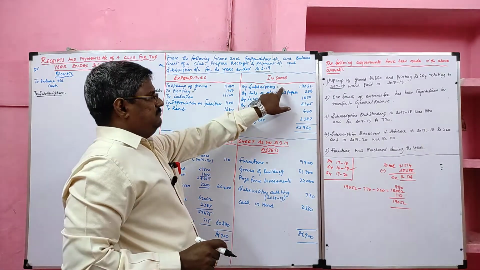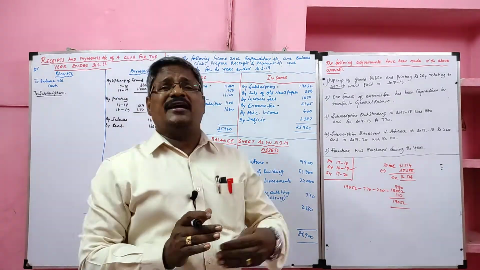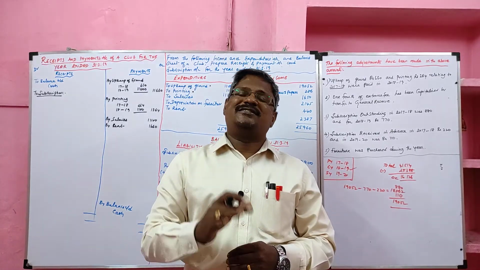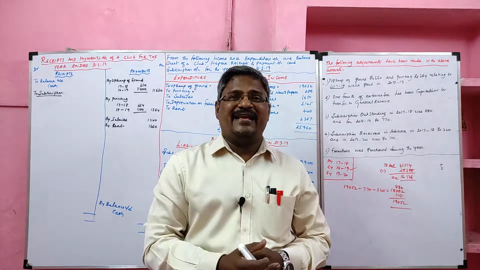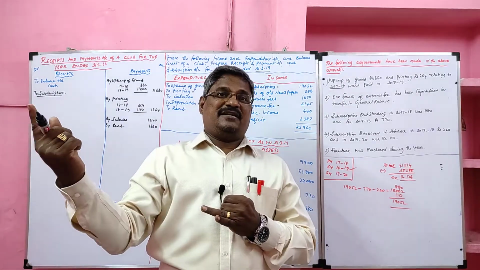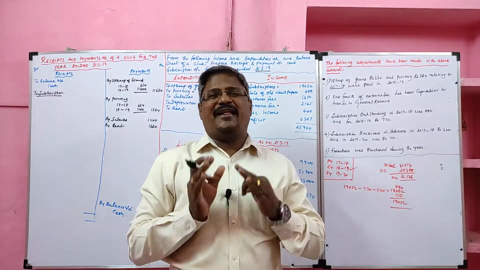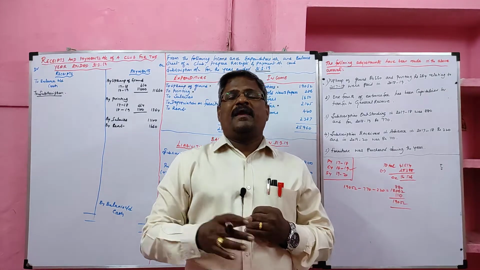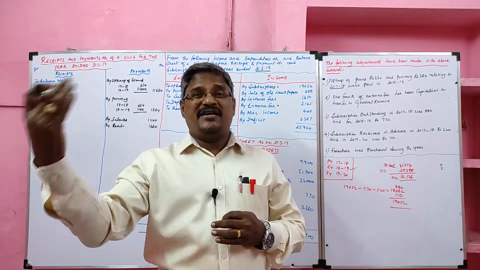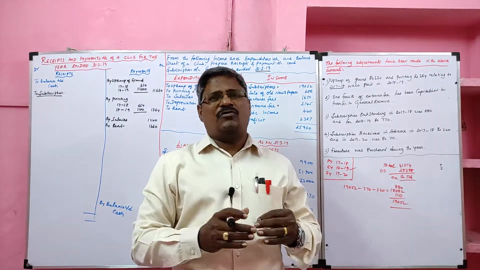Here in the income side we have subscription, which includes 3 items. One, current year subscription, current year received. Two, last year received in advance for the current year. Three, current year outstanding.